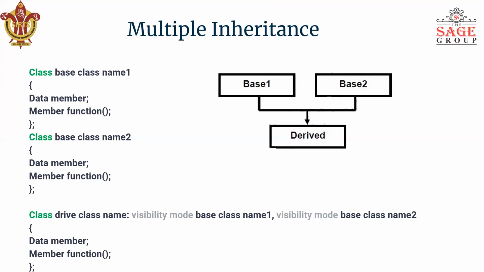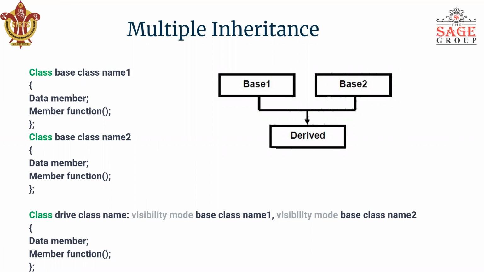Now the derived class inherits both classes, base class 1 and base class 2. So in the third step we write class derived class name. Again we write a colon, visibility mode, base class name 1, comma, visibility mode, base class name 2. By writing this syntax we inherit both base class 1 and base class 2.